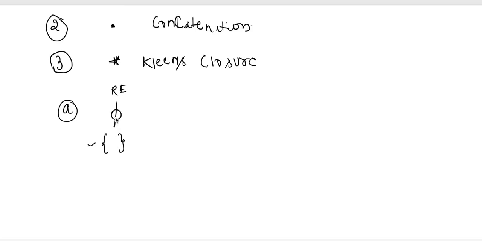For empty language, phi is a regular expression. Okay. Now we have one more thing called as the epsilon. Epsilon is also a regular expression. The language corresponding to it is epsilon. Okay, so this is also a regular expression.